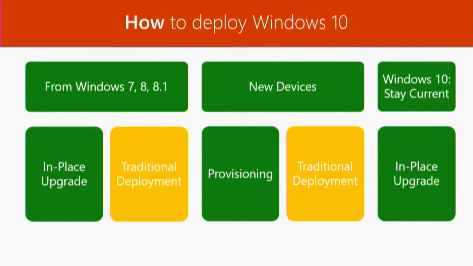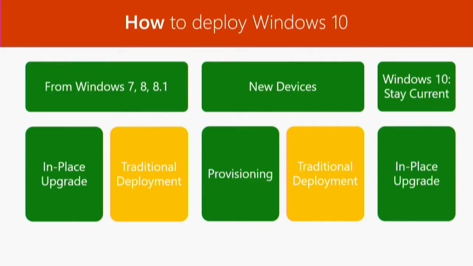That makes sense if you're going to be making any other large-scale changes to the configuration of the OS, like upgrading every application, changing from x86 to x64, moving from BIOS to UEFI. There are plenty of scenarios where you really need to do a traditional deployment because you're going to deploy a new image to the device and wipe out whatever was there before. So when you can, in-place upgrade. When you can't, traditional deployment is still around.